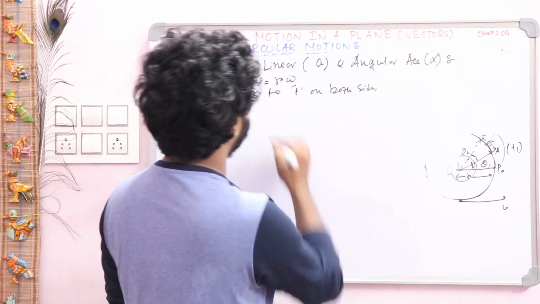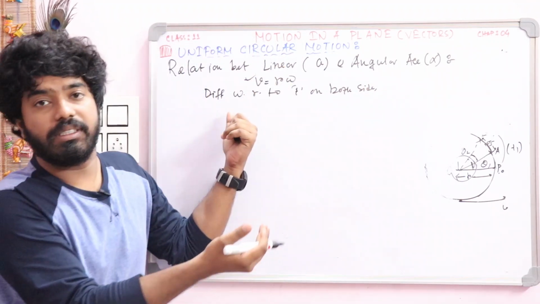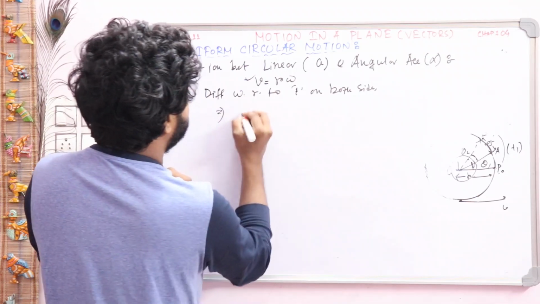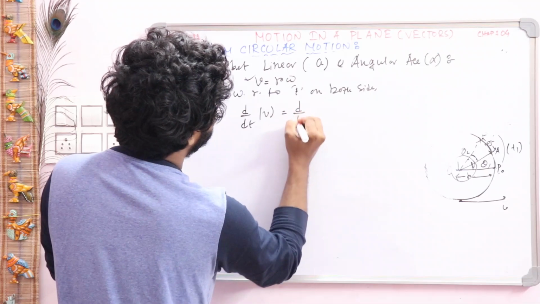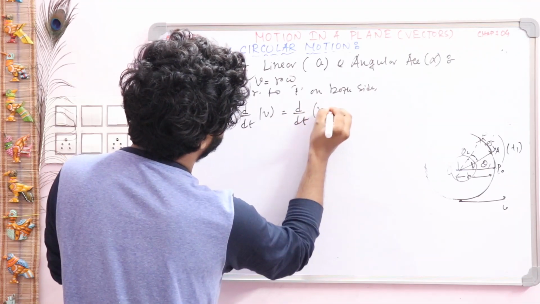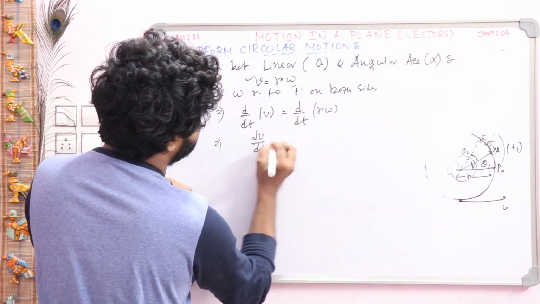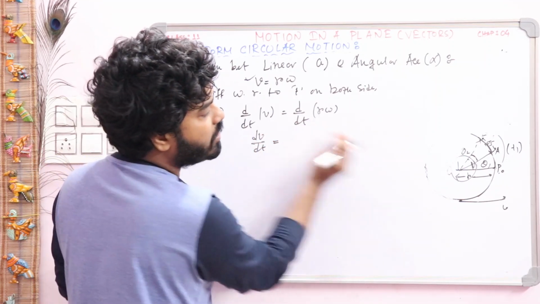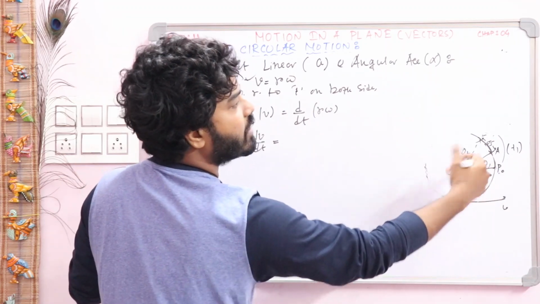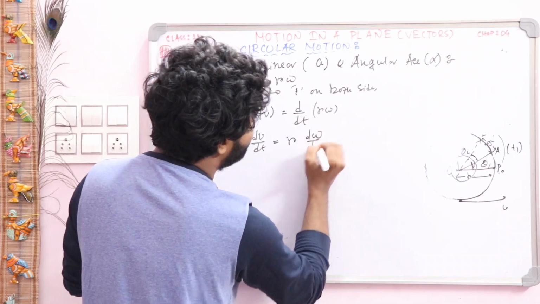So first of all you prove v is equal to r into omega, then you have to differentiate it. So d dt of v is equal to d dt of r into omega. Then dv by dt is equal to, here r is a constant, r is called the radius of this circle, that is a constant value. So this constant will be outside, and this one will be d omega by dt.